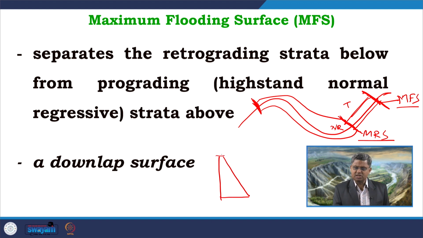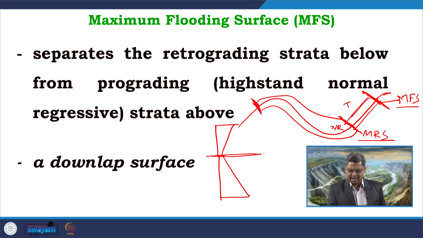On this package, what we are getting is the start of the next highstand normal regression, and during this normal regression, as we know, there will be a coarsening upward, progradational package.